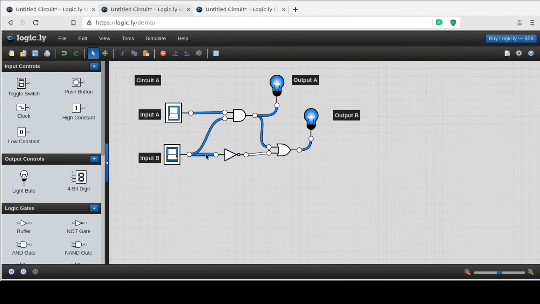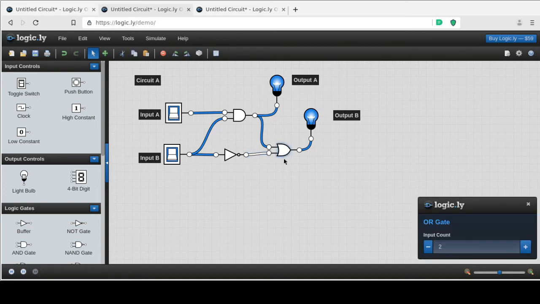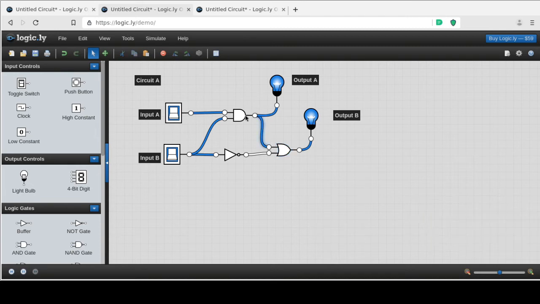You can see that blue is going into the NOT gate, that is a 1 going in, and white is coming out, but white is 0. So there's a 0 being fed into the OR gate, but there's something else being fed into the OR gate, and that's the 1 coming out of the AND gate. So you've got a 0 and a 1 going into the OR gate. 0 or 1 is equal to 1, and that's why light bulb B is turned on.